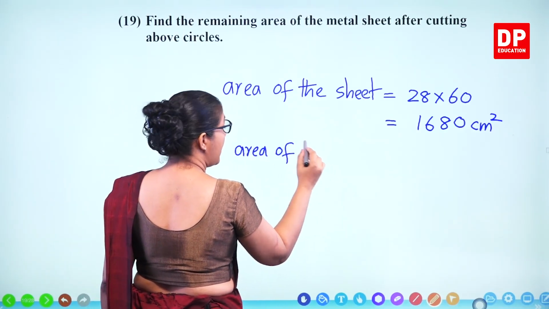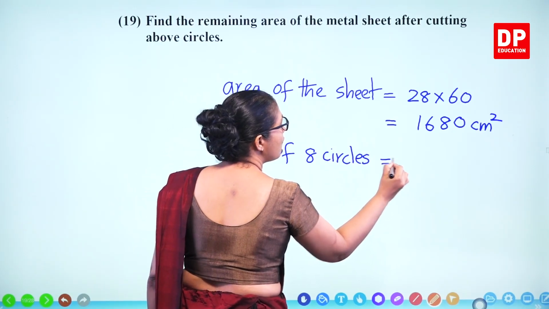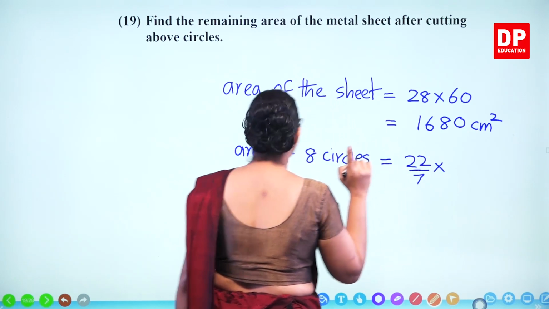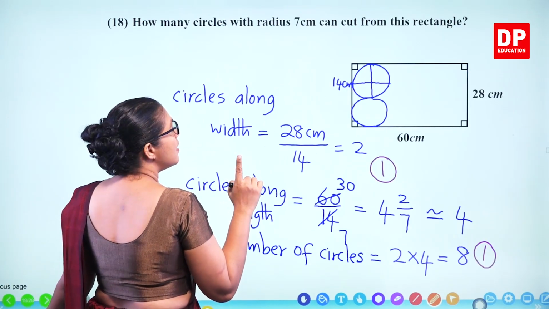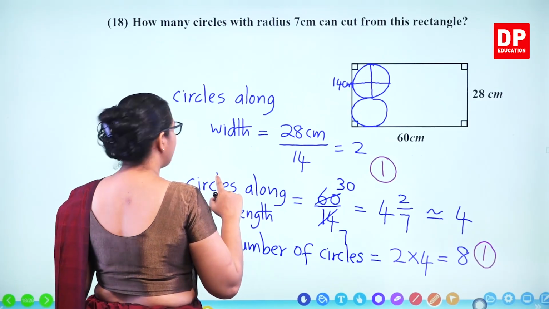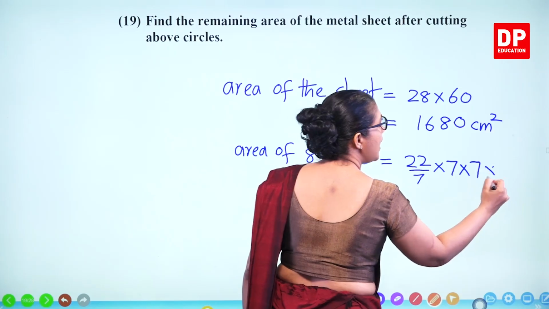And what's the area of the circles? The area of 8 circles we'll do at once. One circle's area is 22 over 7 pi r squared. What's r there? The diameter is 14, so 7 is the radius. Pi r squared into 8.